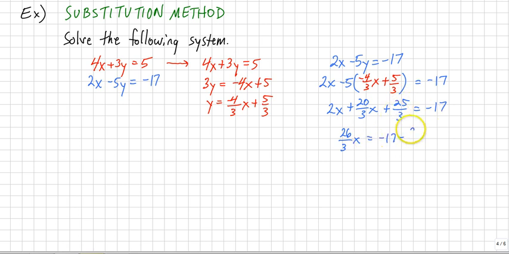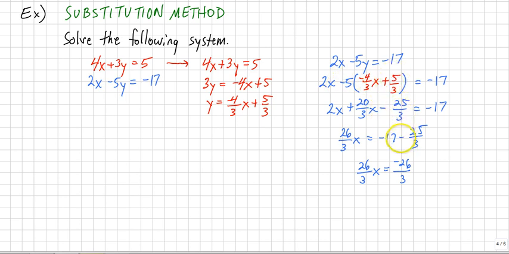So negative 17 minus 25/3. And I'm going to get 26/3 x equals, now we've got to get a common denominator and subtract those. And oh, we've got to be careful. Negative 5 times positive 5/3 should be negative 25/3.